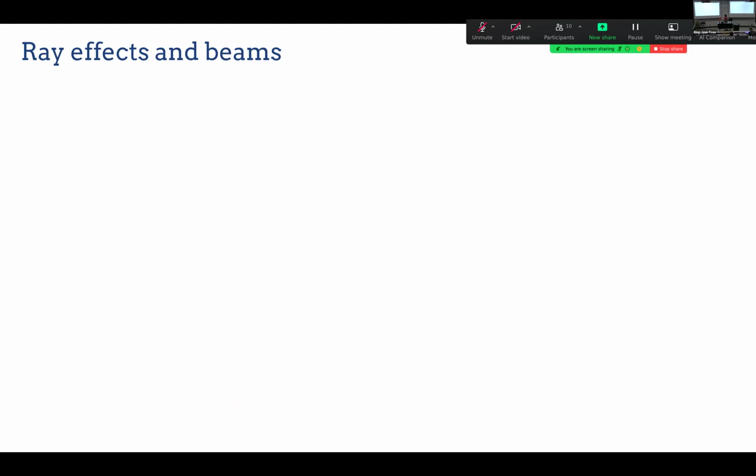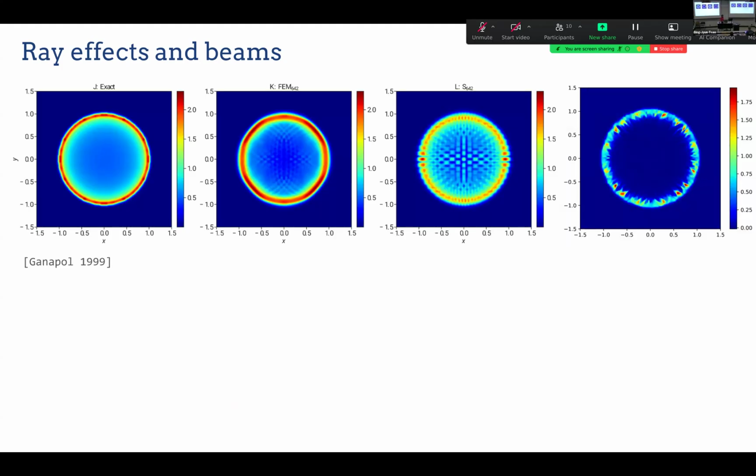So I'm just going to quickly show you some results that we have. The first test that we have here is a test for ray effects. What this test essentially does is you have a cylindrical beam of radiation at the origin of your domain, and the radiation is propagating isotropically with time.